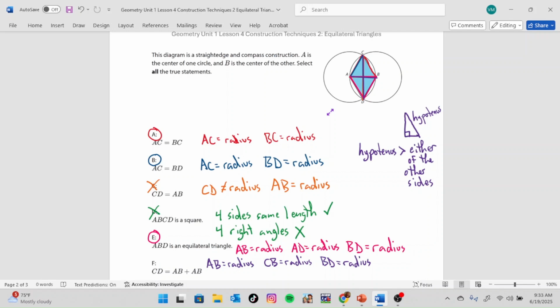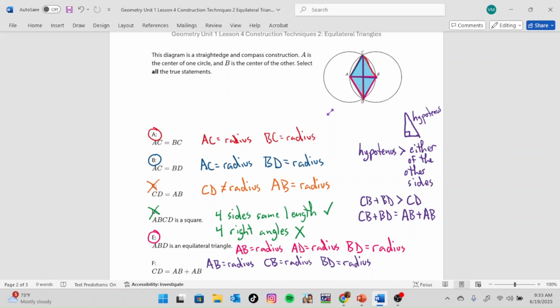So CB plus BD is greater than CD. CB plus BD equals AB plus AB because they're all radii.